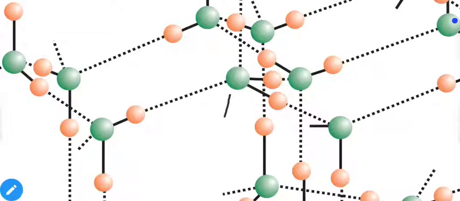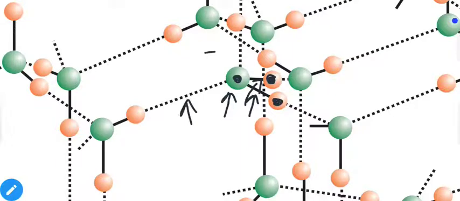So let's talk about this oxygen. As we can see, it has two permanent bonds with two hydrogens. One is here and the second one is here. So these two hydrogens, hydrogen 1 and 2, are permanently bonded with oxygen via sigma bonds. And oxygen has two hydrogen bonds with other hydrogens of other water molecules.